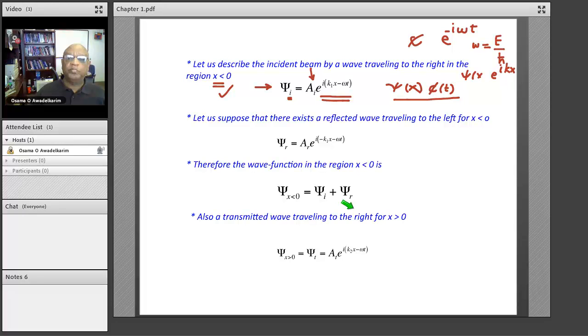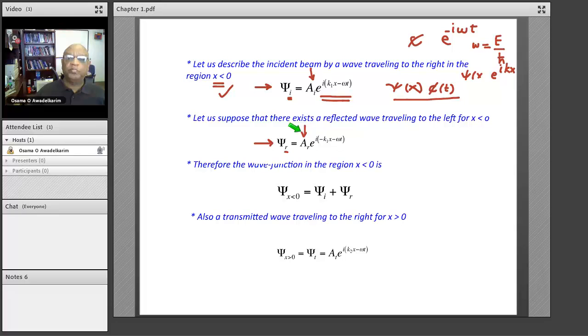And again, it will happen on the left-hand side of the barrier.